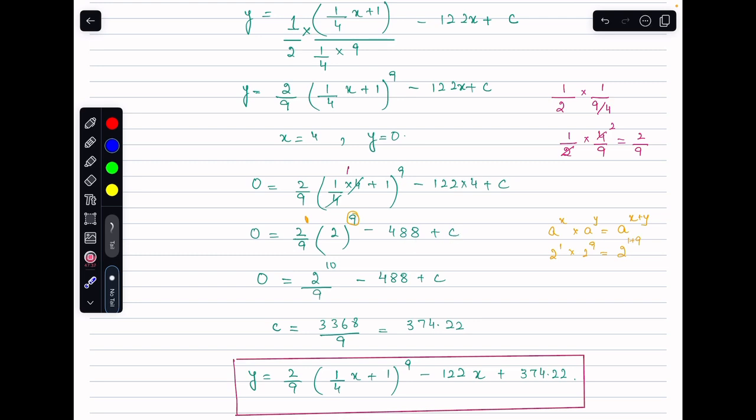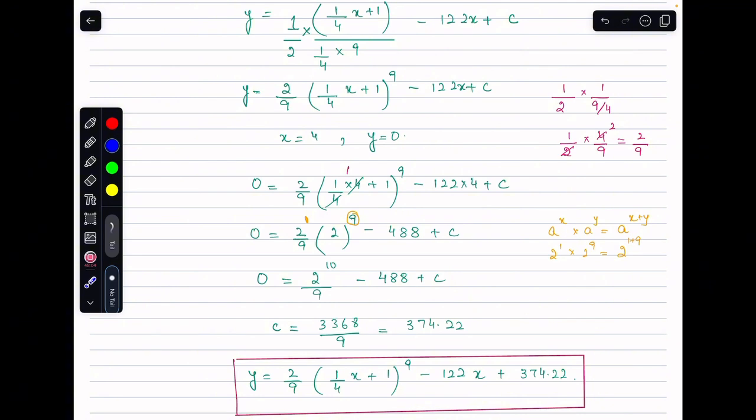I would want to revise or explain this index identity, which says that if there is a common base, a to the power x times a to the power y, then with this base as common, the two powers, the two indices, get added with each other, so that it becomes a to the power x plus y.